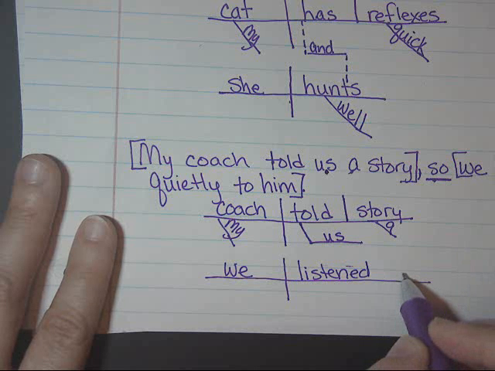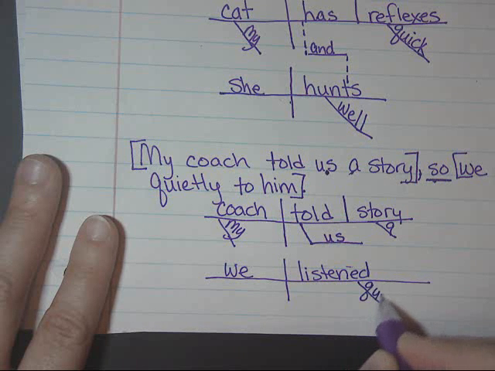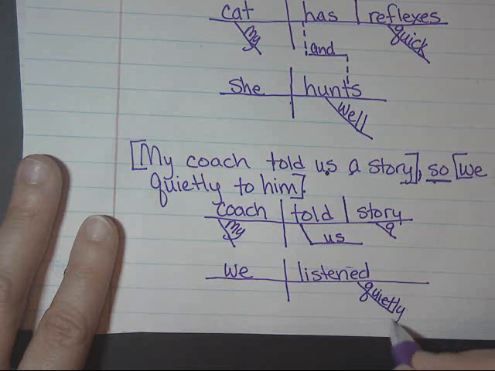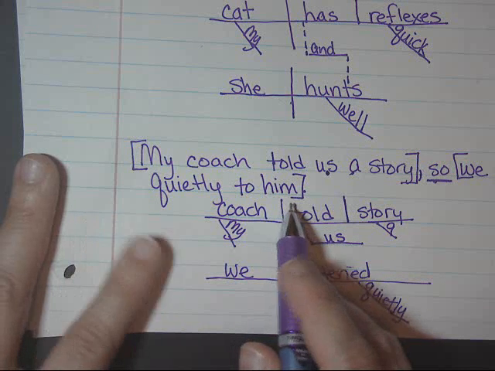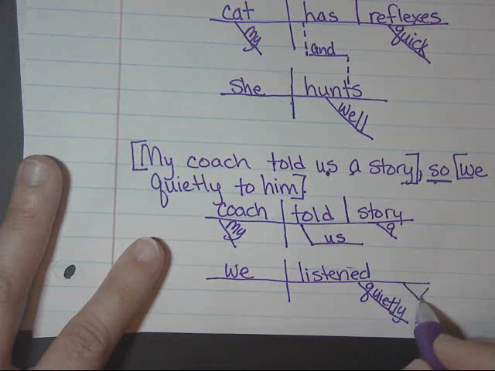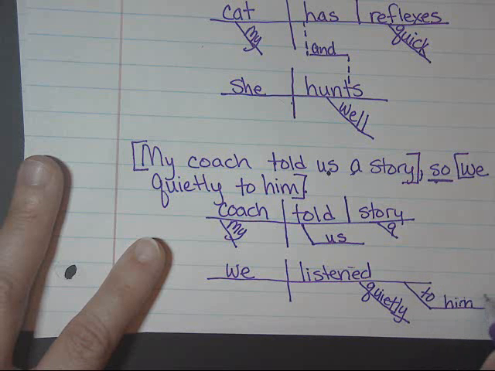So we don't have a direct object, do we? Okay, but quietly does tell us how, so that's an adverb. And what about to him? Right. That is a preposition and its object.